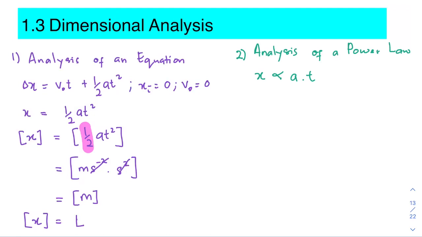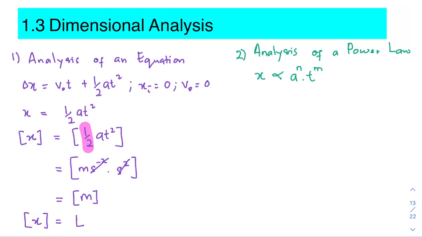So for sure, a has a power and t has a power as well. Let's say the power of a is n and the power of t is m. So the exponents n and m must be determined, and the symbol of directly proportional, or depending on, indicates proportionality.